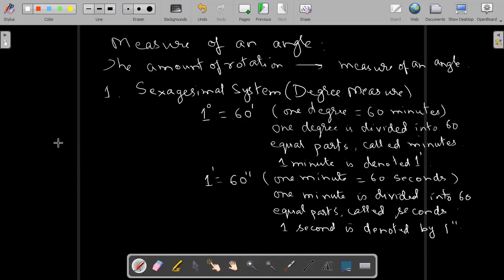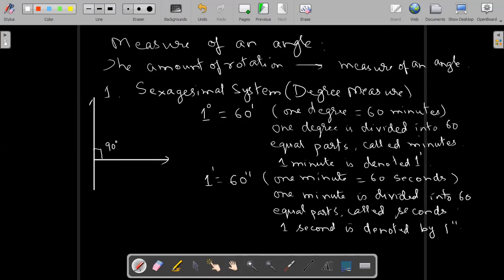If you draw a right angle like this, how many degrees is this? This is 90 degrees.